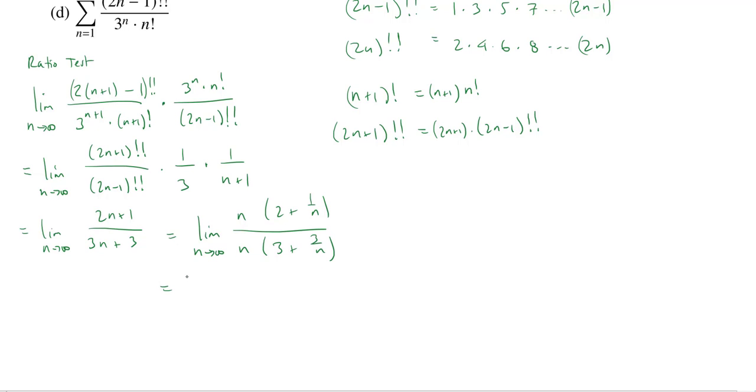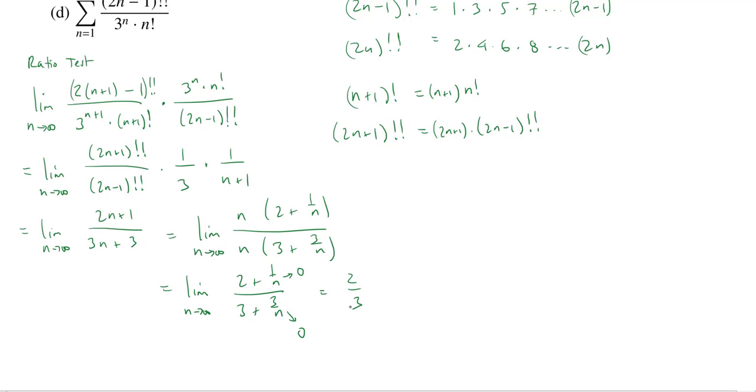The n's will cancel, and so I'll have 2 plus 1 over n over 3 plus 3 over n. The 1 over n goes to 0 in the numerator. The 3 over n goes to 0 in the denominator. And so I'm left with 2 plus 0 over 3 plus 0, which is 2/3 as my limit.